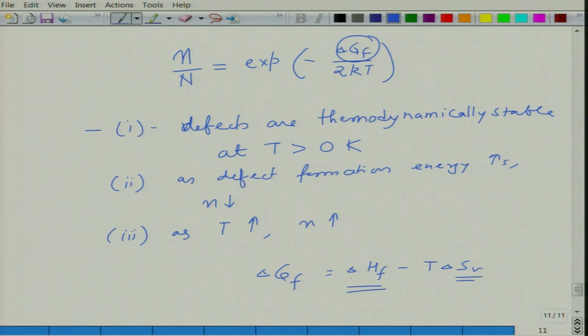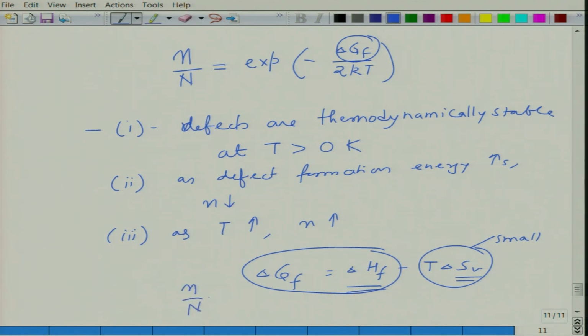But it is approximated as delta Gf equal to delta Hf, because the vibrational entropy change is very small. Hence you approximate n by N to be equal to exponential of minus delta Hf divided by kT, where Hf is the enthalpy of formation of defects.